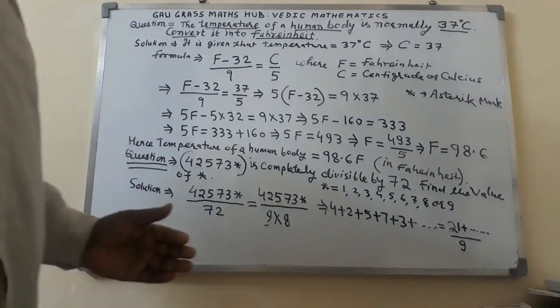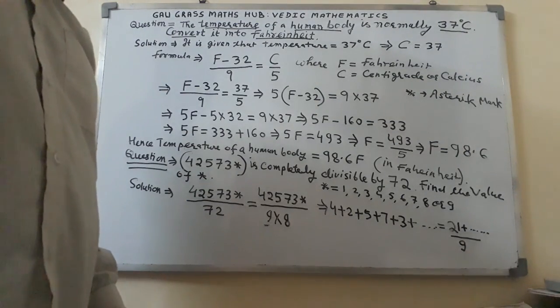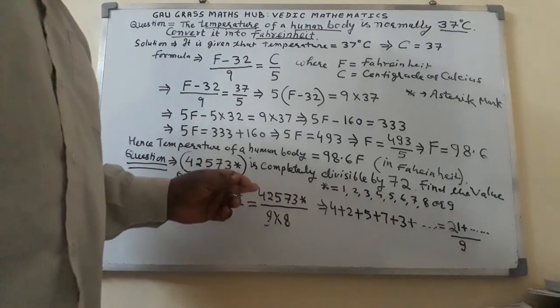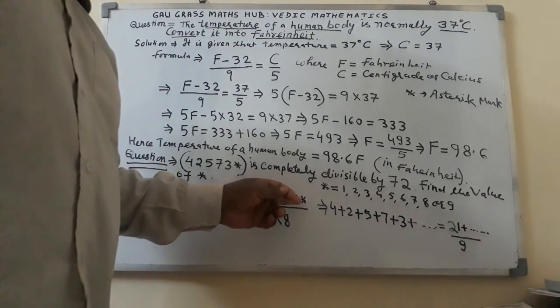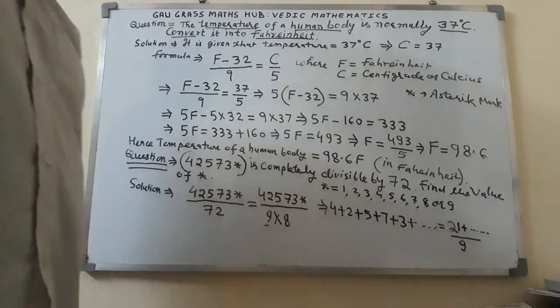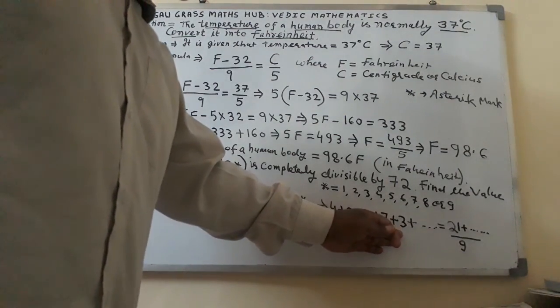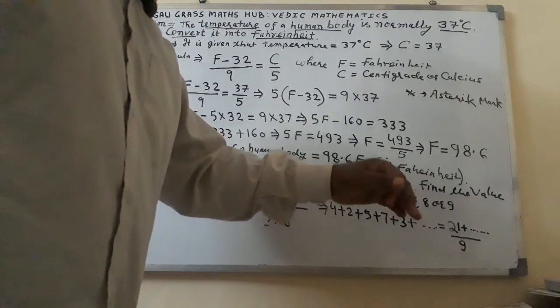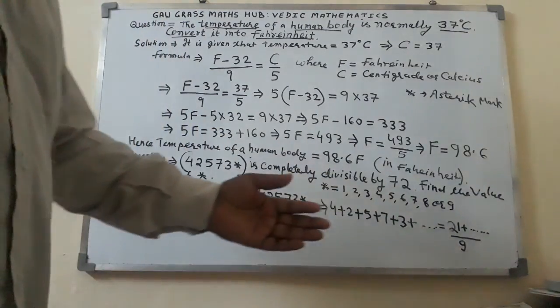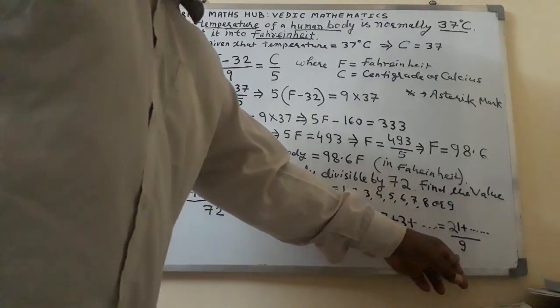The divisibility rule of 9 is that all digits will be added together, and the result will be completely divided by 9.